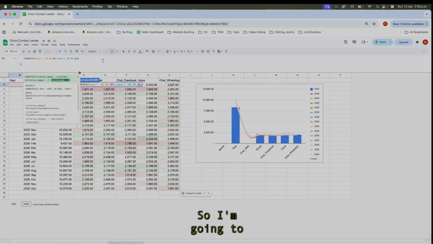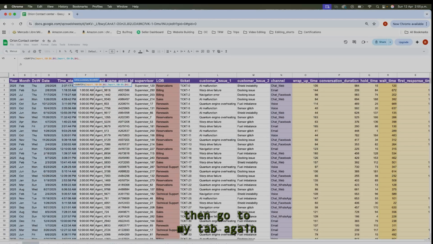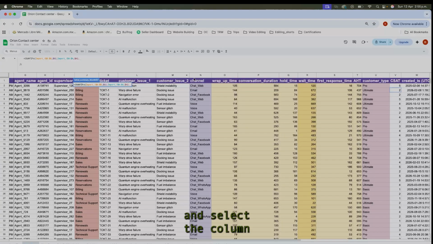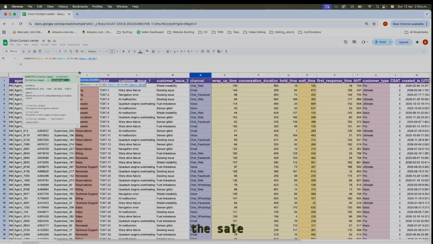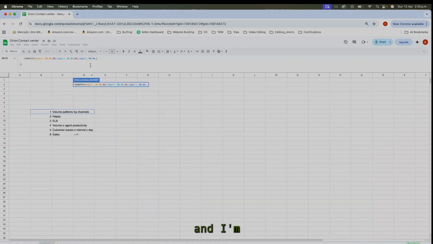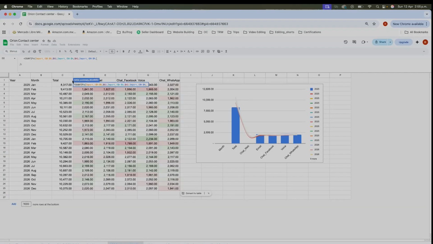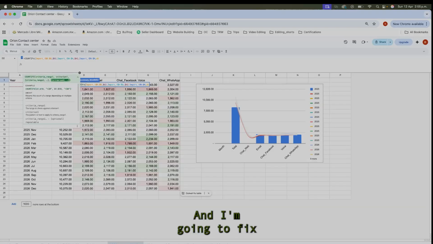So I'm going to go to my tab again and select the column for channel. I fix the cell, and I'm going to select the channel, which is cell D1, and I'm going to fix the column this time, the row.